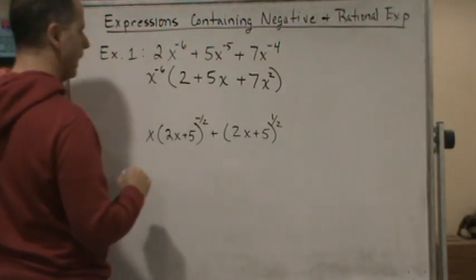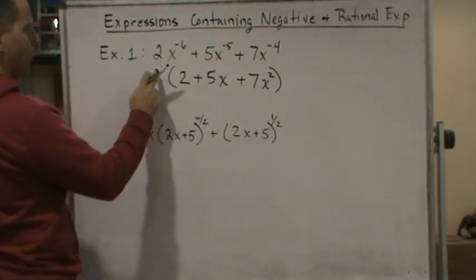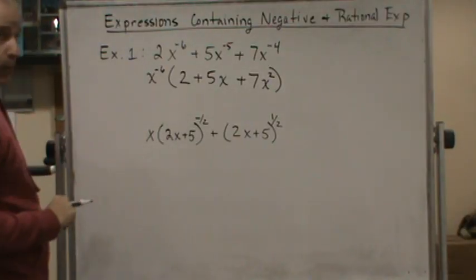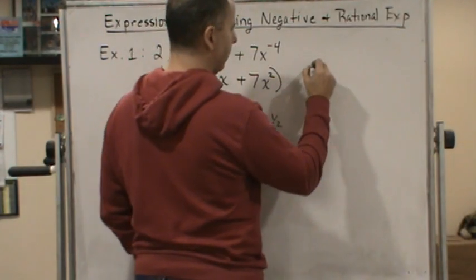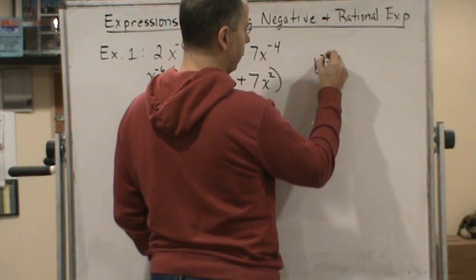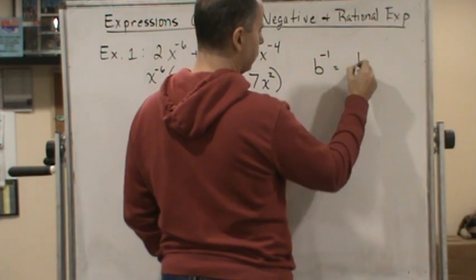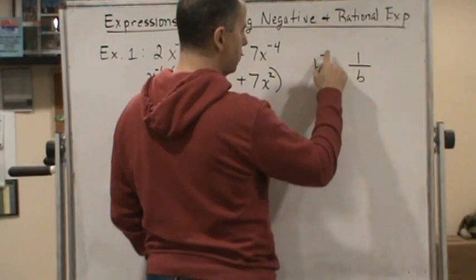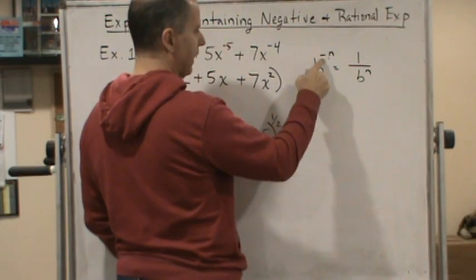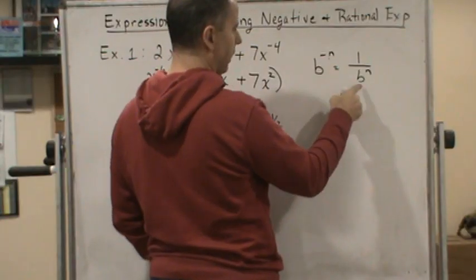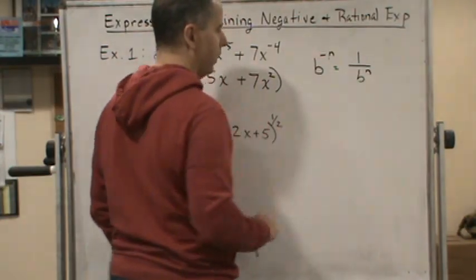Okay, now we're not done because we never want to have negative exponents. So in this case, we're going to use the property that b to the negative 1 equals 1 over b, or more generally, b to the negative n can be written as 1 over b to the n.